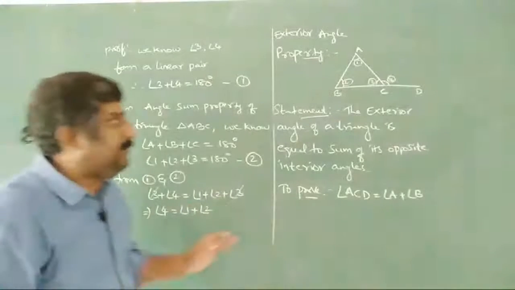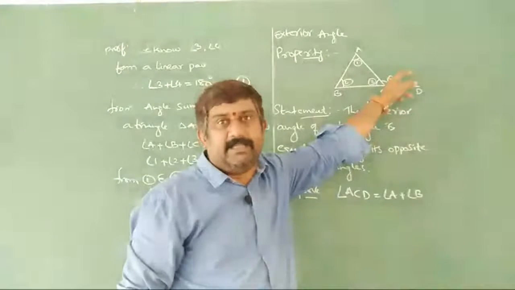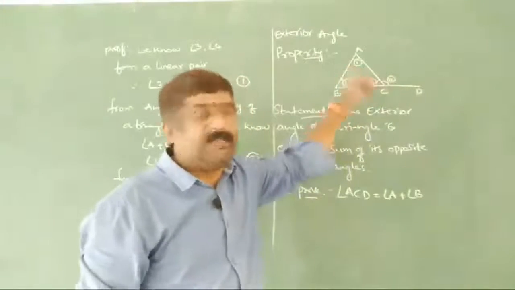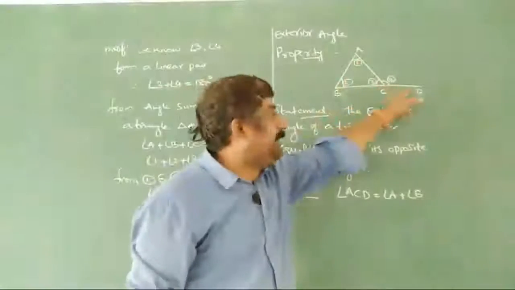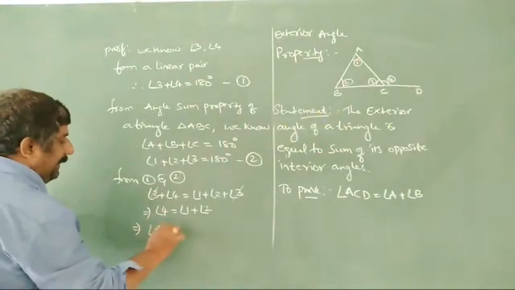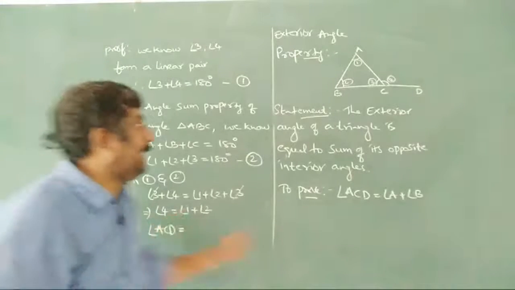Now from the diagram, what is angle 4? Angle 4 is outside of the triangle, nothing but an exterior angle. Of which triangle? Triangle ABC. It is angle ACD. So instead of 4, I am going to write angle ACD is equal to angle 1 plus angle 2. Where is angle 1 forming?